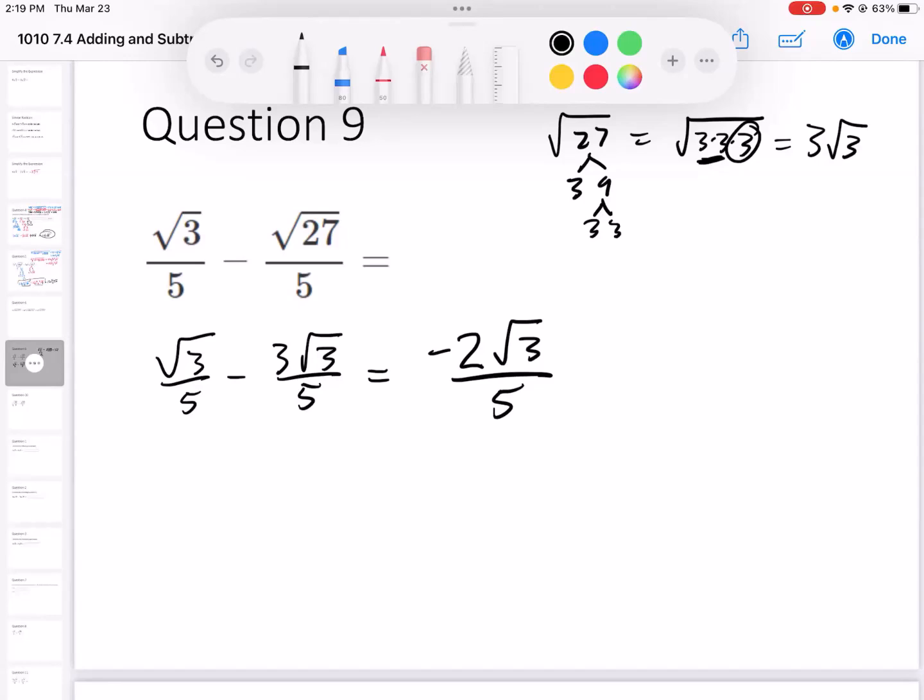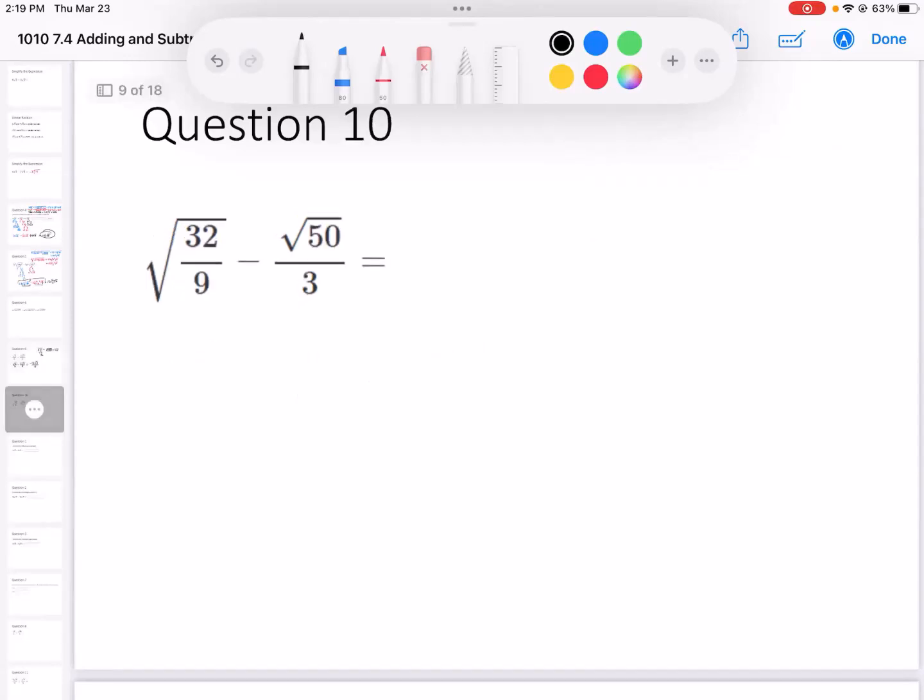You also have one question on question 10, where you have a square root in the top, but then you also have a square root that covers the top and the bottom of the fraction. The way you would want to solve this one is remembering our division rule, which says that if you take the square root of things that are divided, you can take the square root of each of them individually. So you'd think about this as the square root of 32 over the square root of 9 minus the square root of 50 over 3.